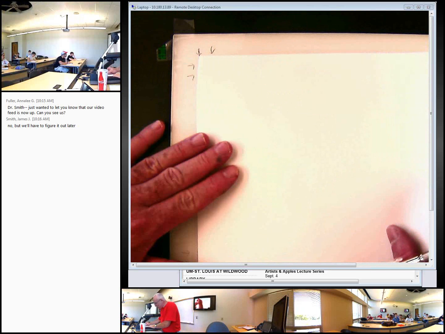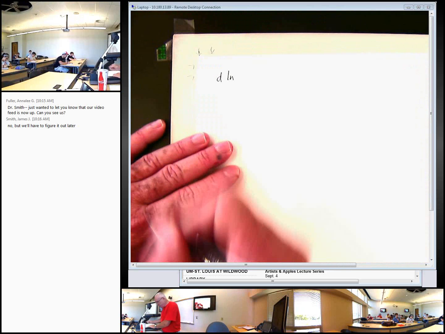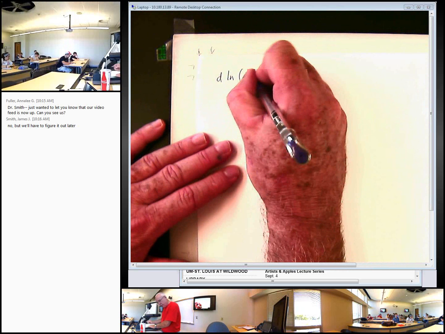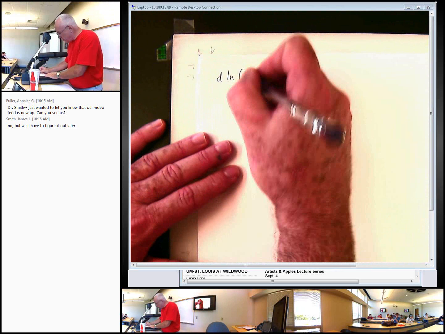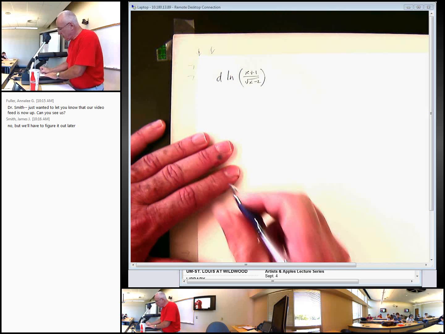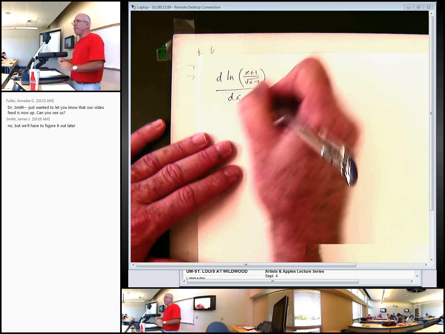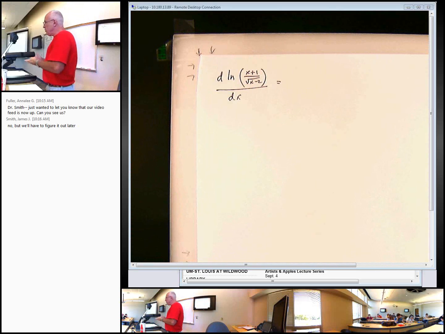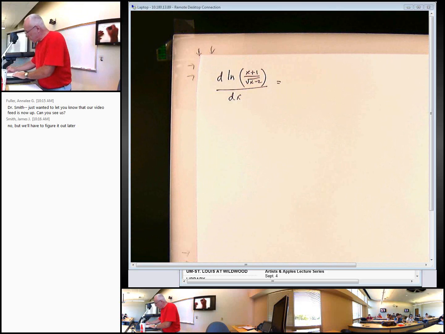Let's look at this one. The derivative of the natural log, and then we've got a heck of an inside function in here. We've got x plus 1 divided by the square root of x minus 2. And we're doing this derivative. All right. Now, remember the normal rule is this.